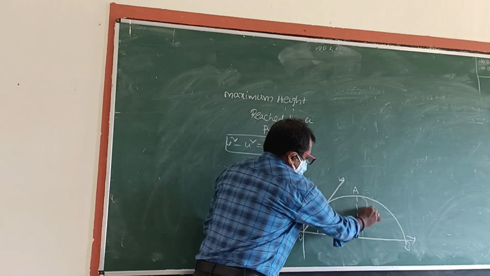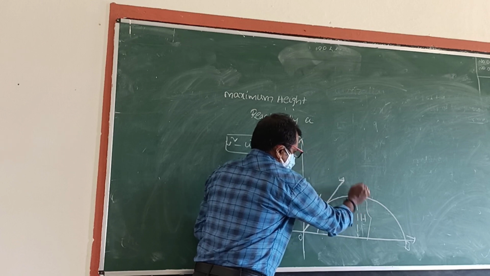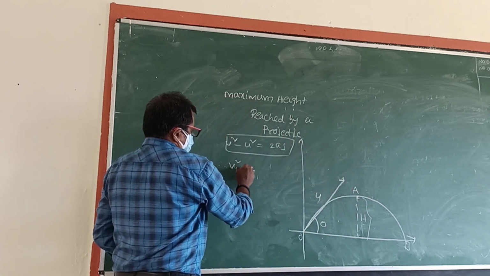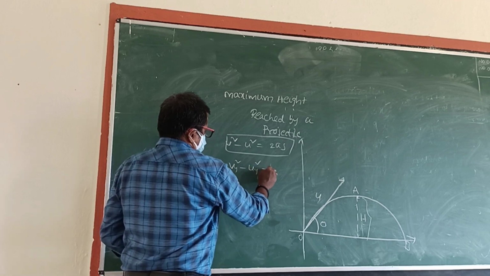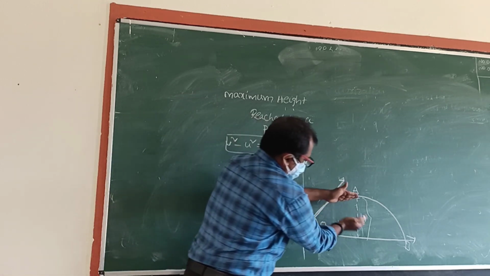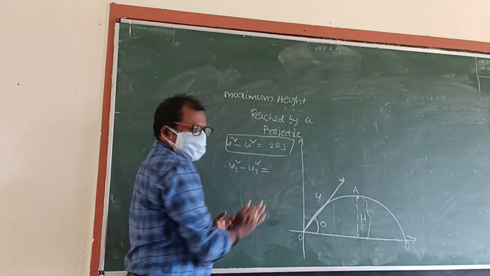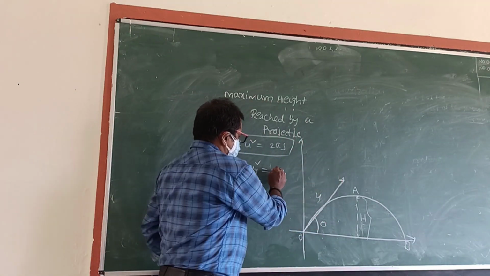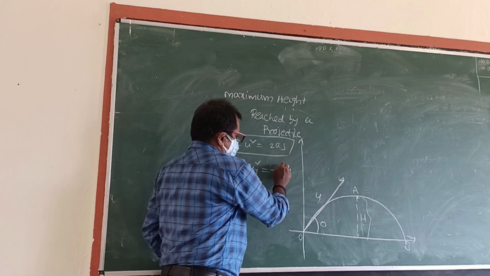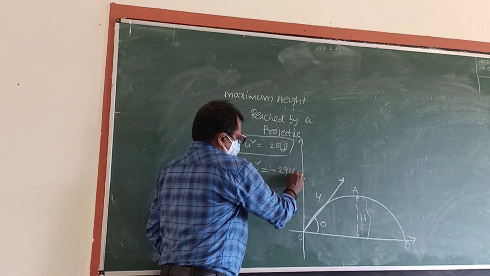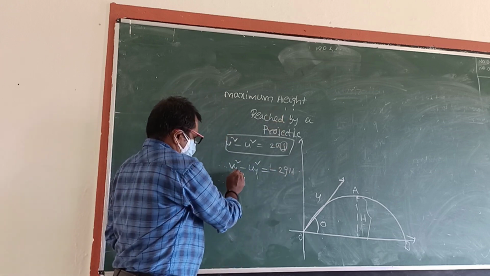Let us make some changes here. H is the maximum height to be found. Vy square minus uy square is equal to, acceleration due to gravity is considered to be negative once the object is projected upwards. Therefore, a is replaced by minus g, minus 2g into s, where s is nothing but the maximum height reached. Therefore, s is replaced by h.